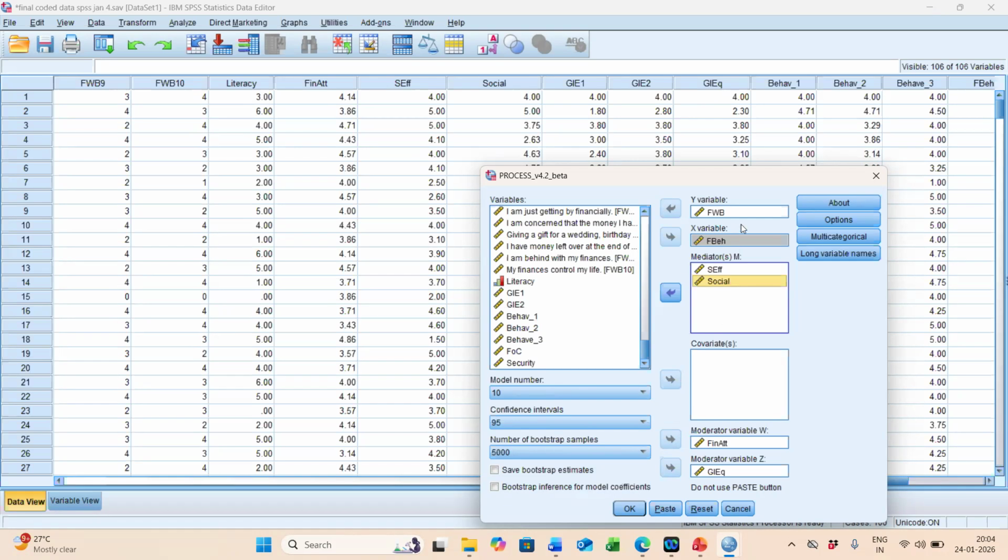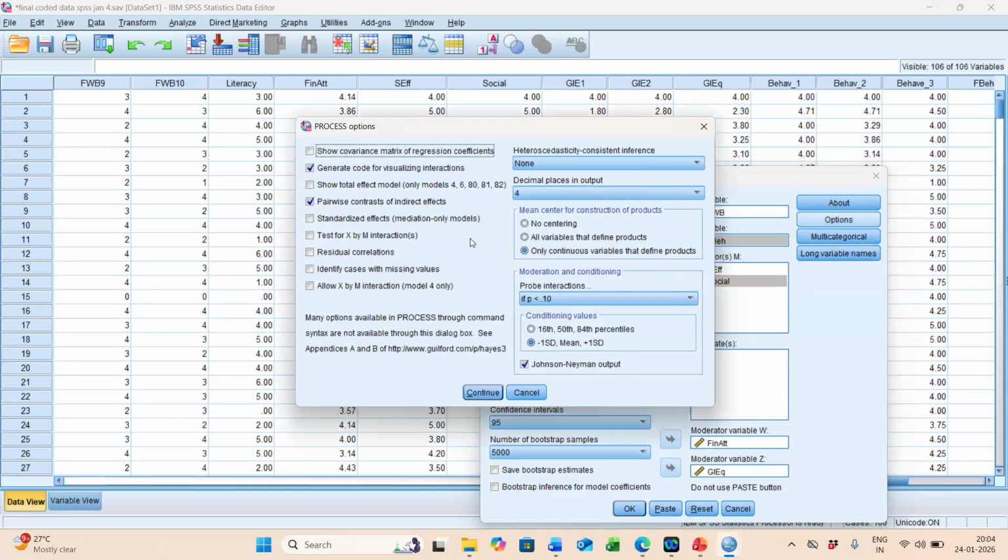I'm explaining: the dependent variable is financial well-being, the independent variable is financial behavior, and self-efficacy and socialization are considered as the two different mediators. Two different moderators are there, financial attitude and gender equality.